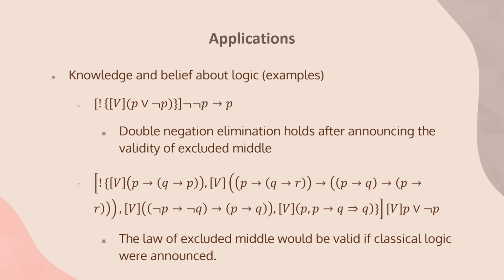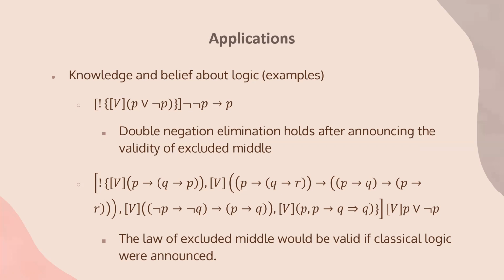By updating and assuming that they're all valid, we delete all of the worlds in the model at which they're not valid, and what is remaining is only classical worlds, and thereby the law of excluded middle is valid. Oh, sorry, there should be parentheses around this last law of excluded middle here. But yes, this is a theorem of the class of models I'm considering. And those are the 2 main applications I want to talk about.